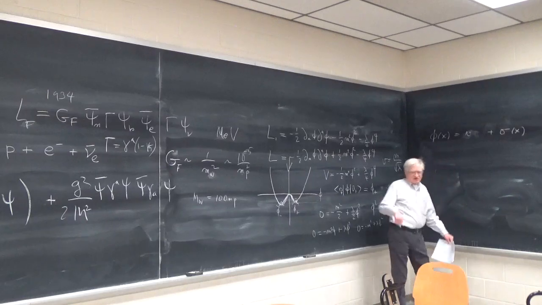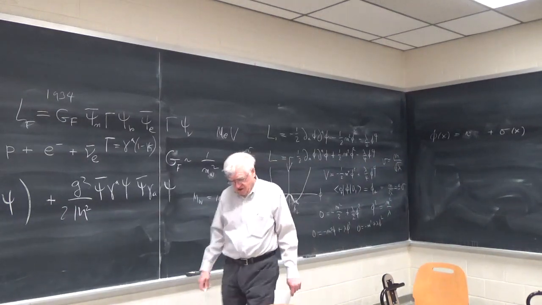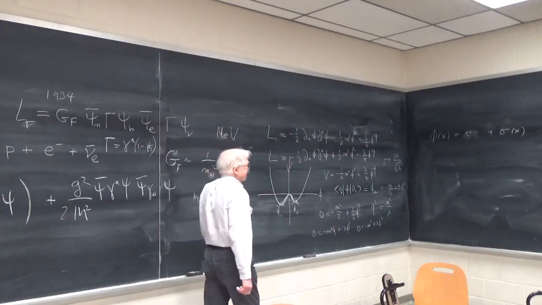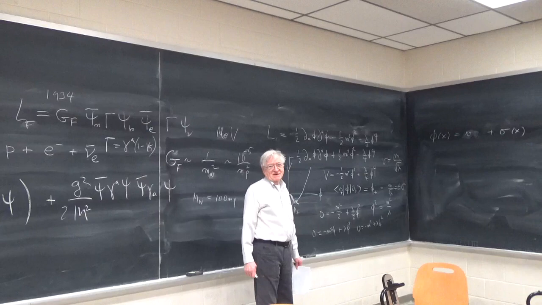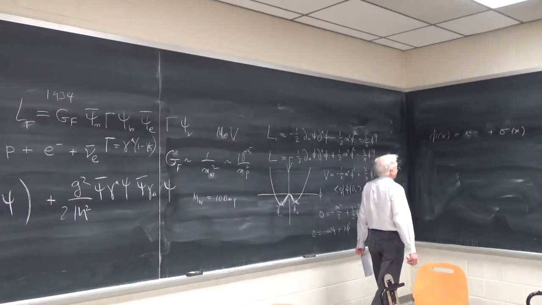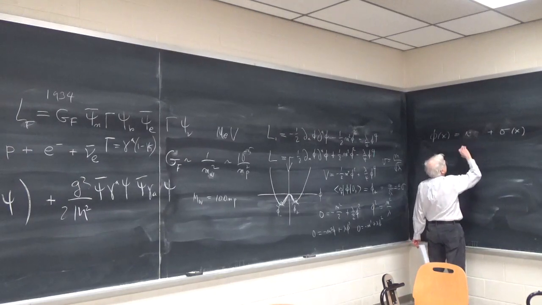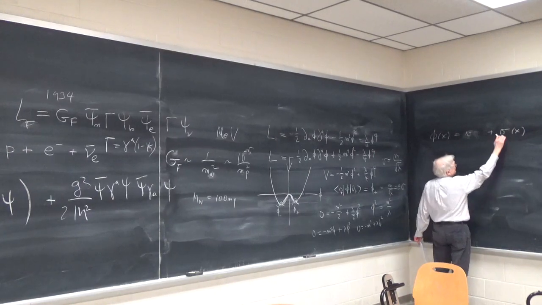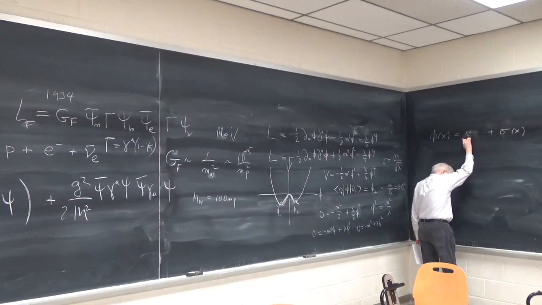Now, one of the unfortunate things about this notation is that a Greek sigma and an English v look similar, especially if you're writing them on a blackboard. But on the other hand, it is the sigma model, so that's sigma, and this is v for vacuum.